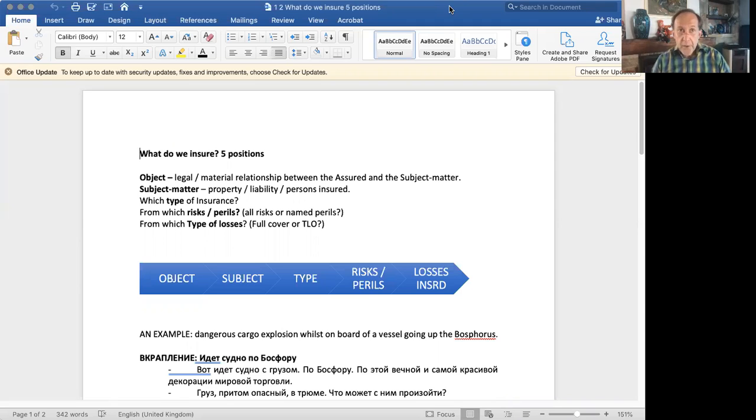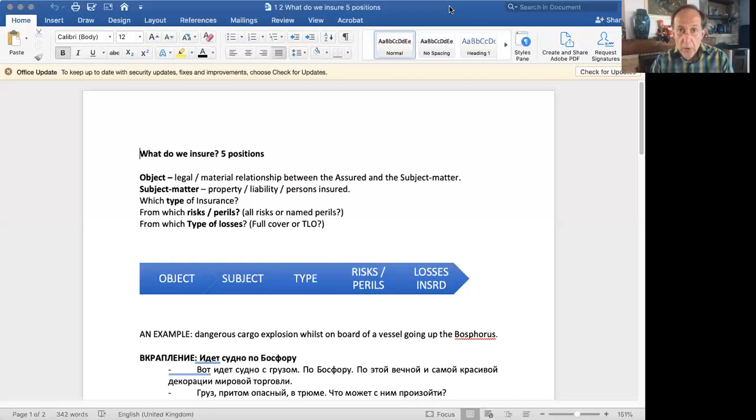So what is actually covered under an insurance policy? Any insurance policy: property, car, plant, liability, product liability, third-party liability, computer crime, or say personal accident. You have 5 positions, all related to one person, insured: a legal person or a physical person.